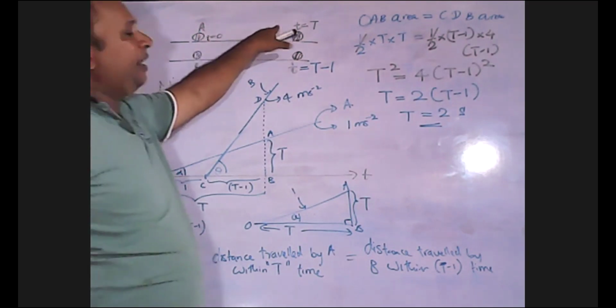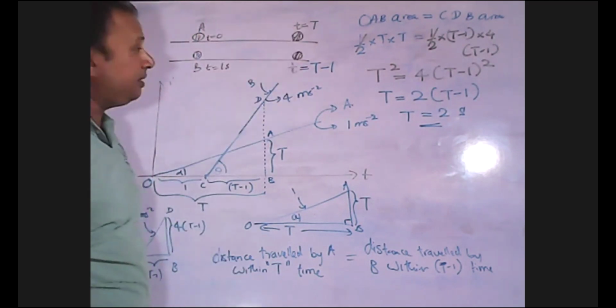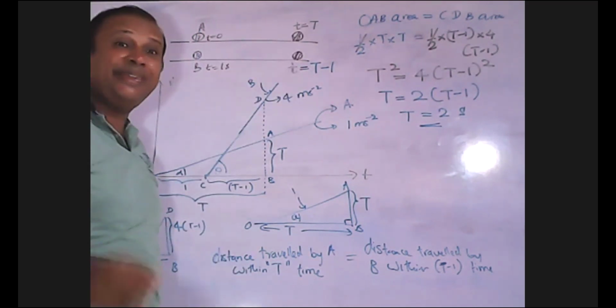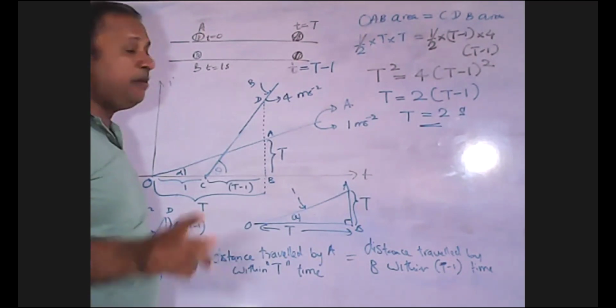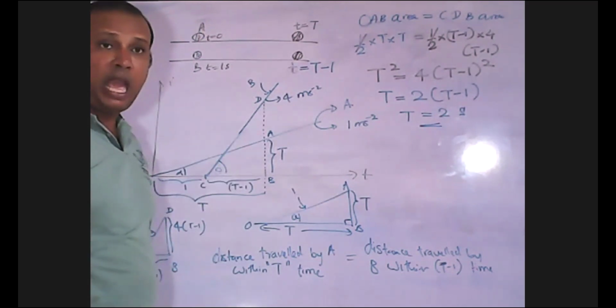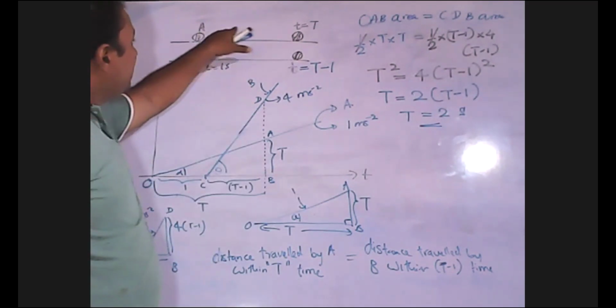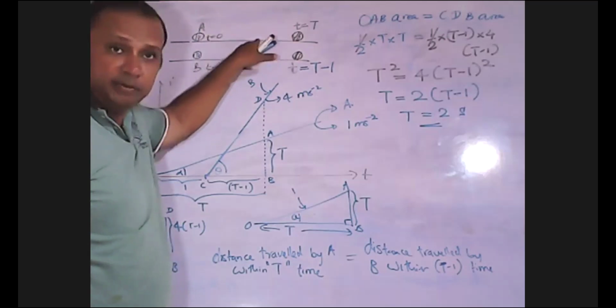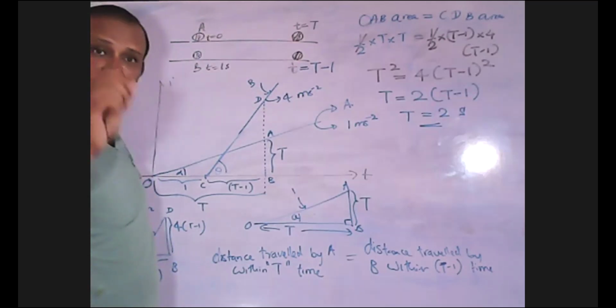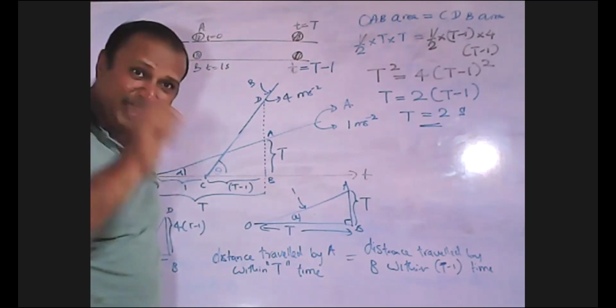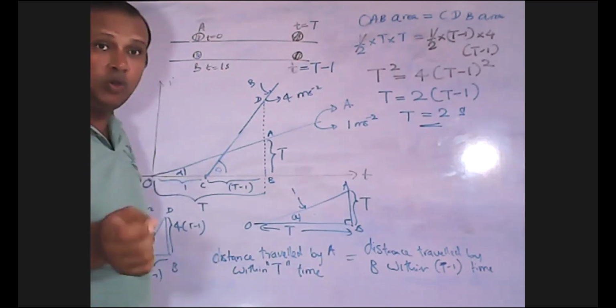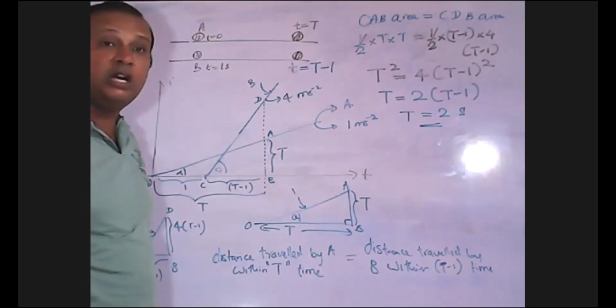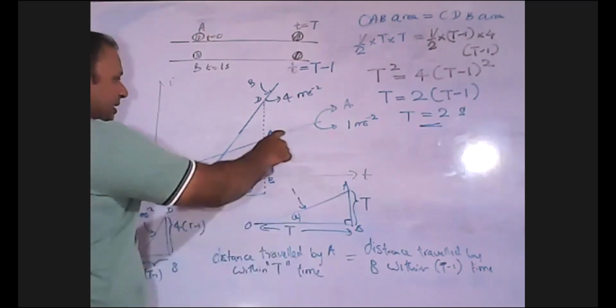I have taken capital T as the time taken by A when B passes A. Therefore, that is the time taken by A, so it belongs to curve A. Curve A is this curve.